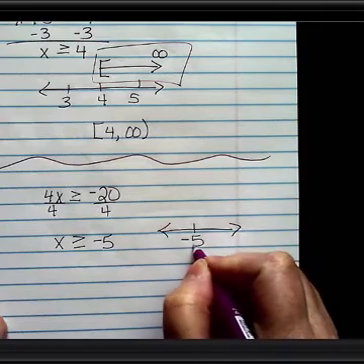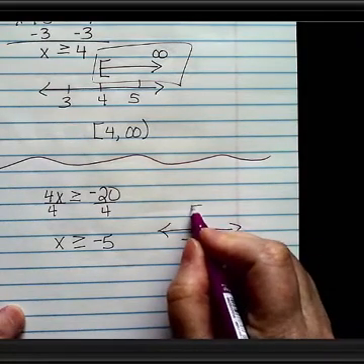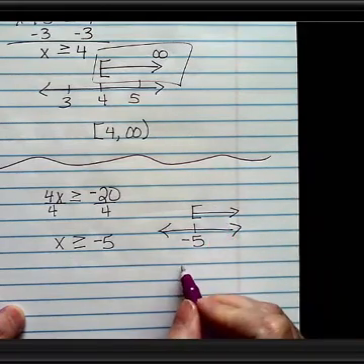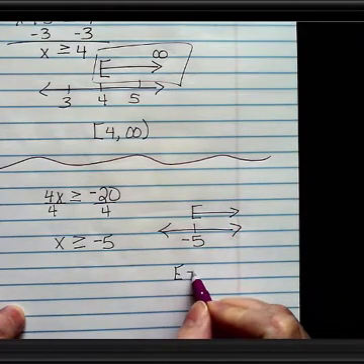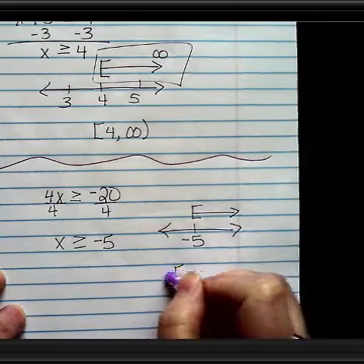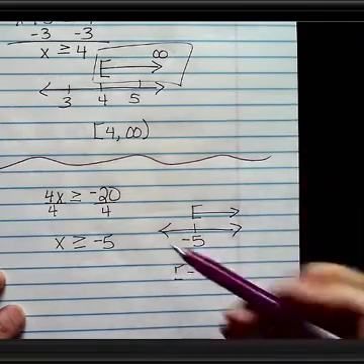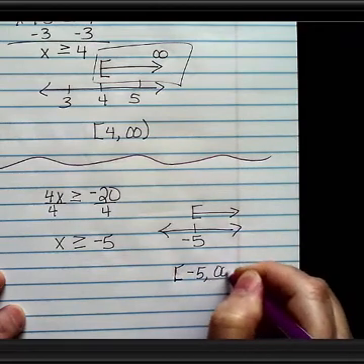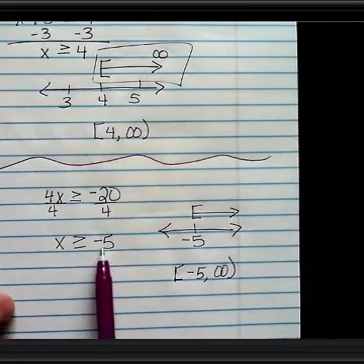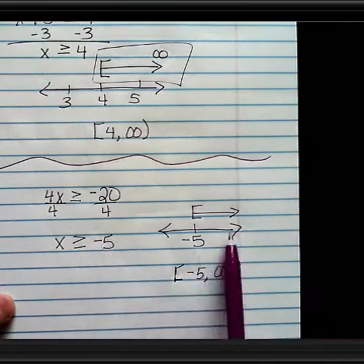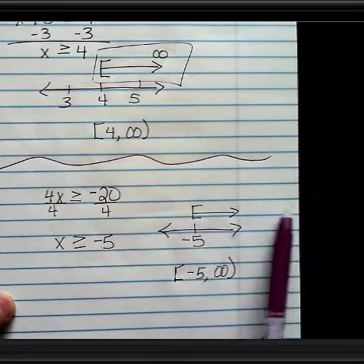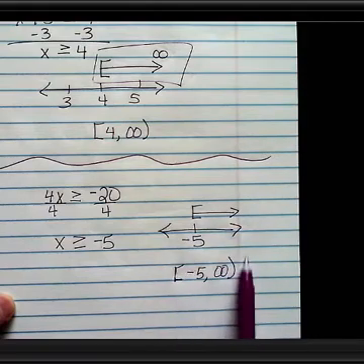On a number line, bracket going this direction. So remember, just copy that down. -5, comma, positive infinity. Even though this is a negative number, and this is a negative number, and this is a negative number, we're going towards the positive side. So that's why it looks like that.